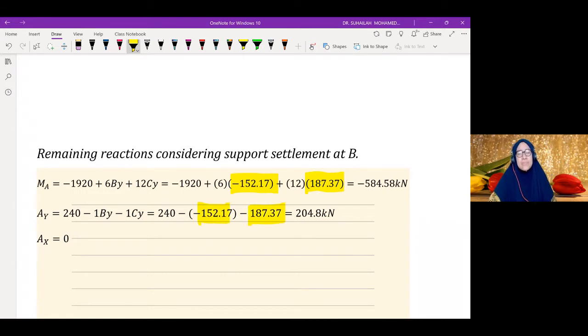Then we will get the new reaction after considering support settlement at position B. Actually, whenever the redundant and settlement are not located at the same position, we can still analyze the redundant value and variation, but we have to do some modification in the compatibility equation. Okay, next.